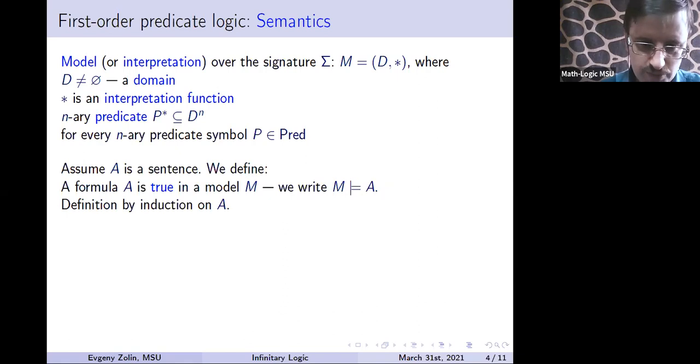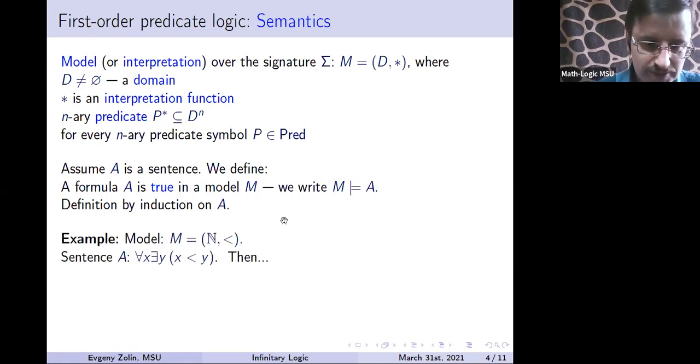Today, I will assume that we understand formulas intuitively. So let us just give examples. So consider this simple model. D is the set of natural numbers. And we have only one binary predicate, less than. So can you say, is this formula, this is a closed formula, is it true in this model or not?